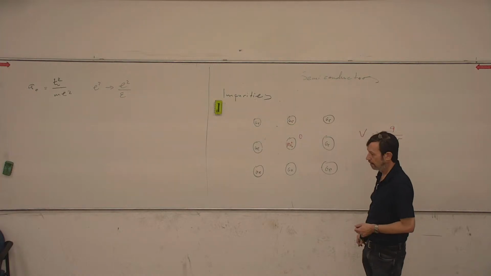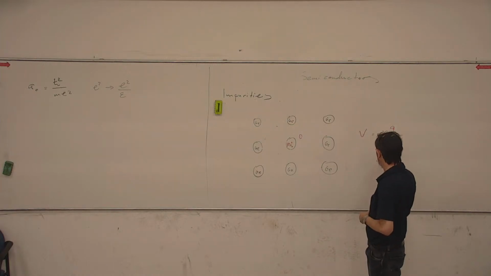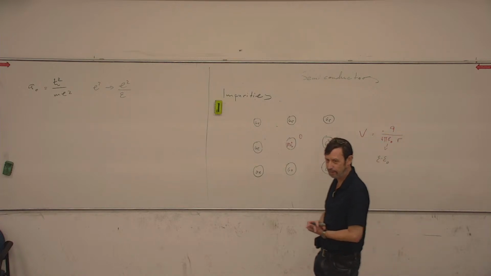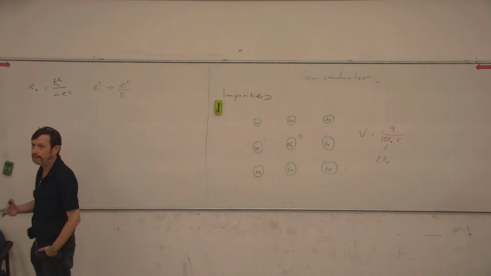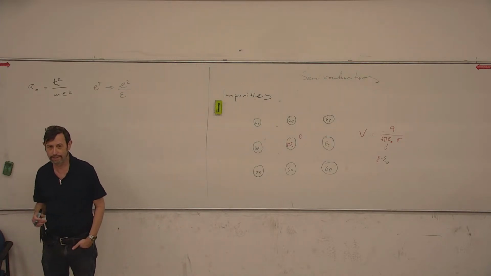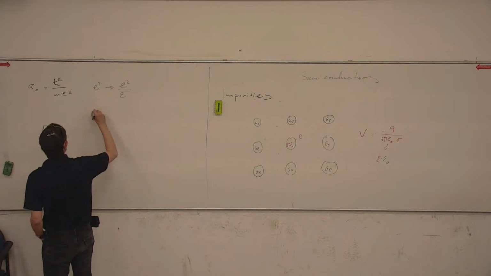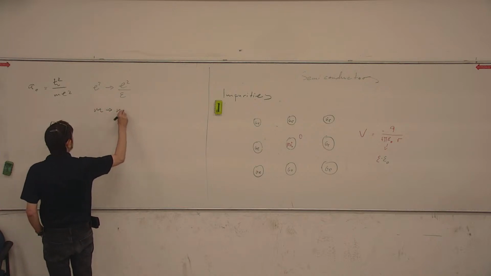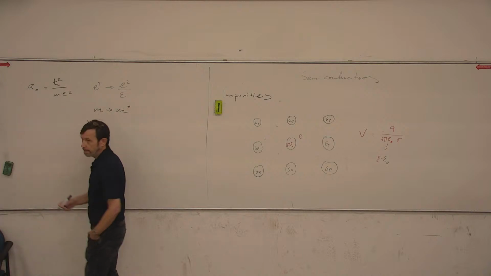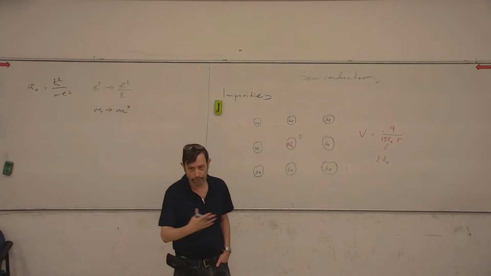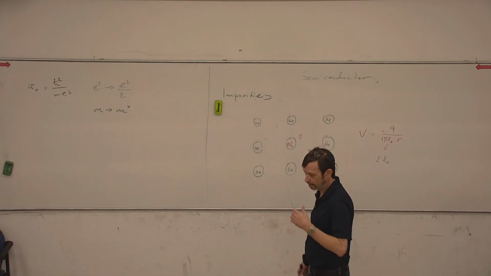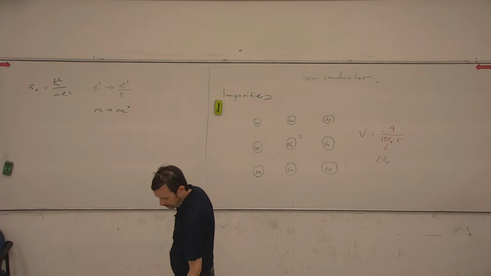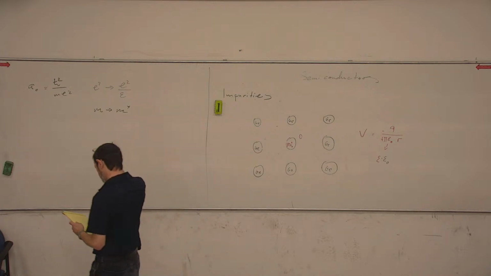You replace E0, let's just for consistency write it as E times E0. And what else is not correct? The mass. The mass is not correct. So the mass is exchanged for the effective mass that is relevant within this lattice structure.